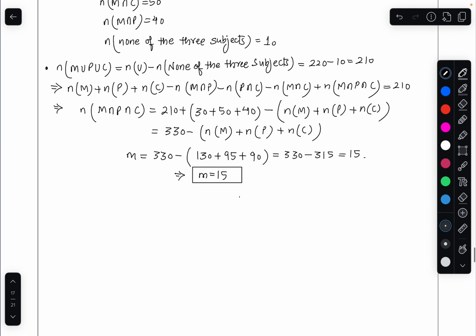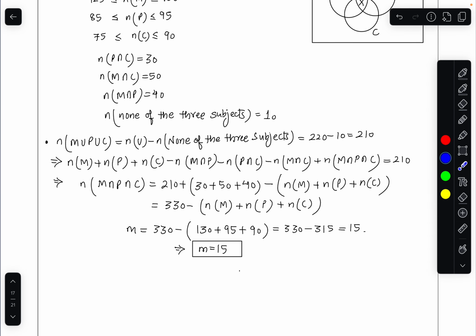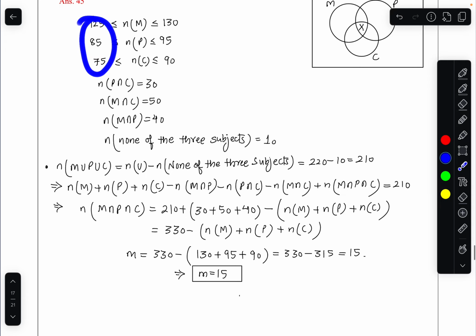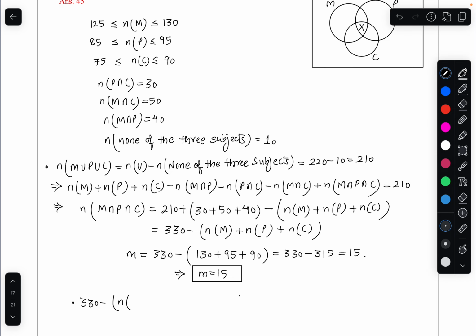Now let's see what happens when I take the minimum possible values here. If I take the minimum of these three, the quantity that I get is 330 minus the number of elements in M. What I'm trying to do is figure out the maximum possible value of the intersection of M, P, and C. So nM plus nP plus nC is what I have.